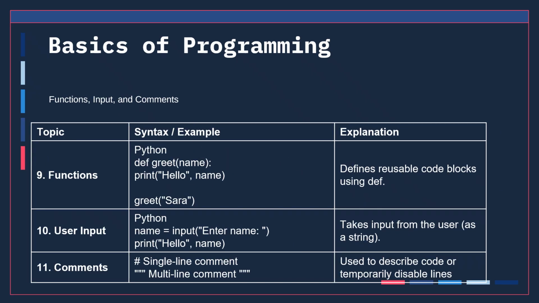And the next one is a function. A function is used for reusable code. You just write one function one time, and you just use that function by its function name multiple times. Here I created one function for greet name.